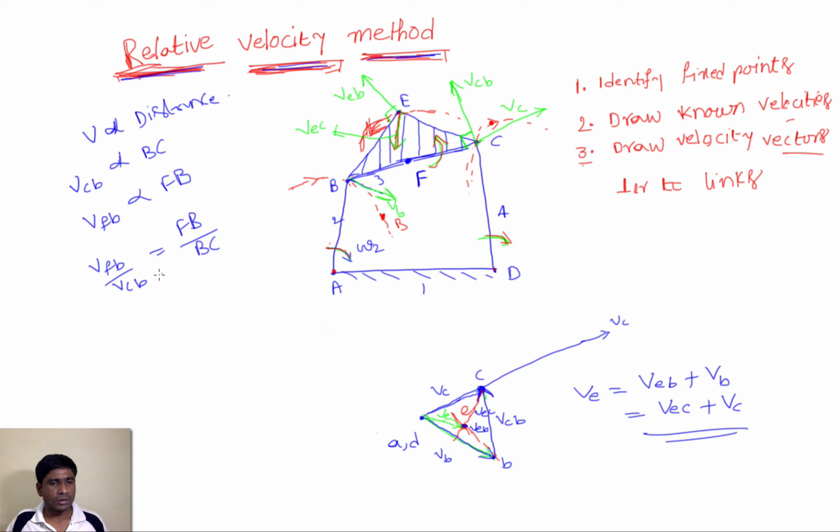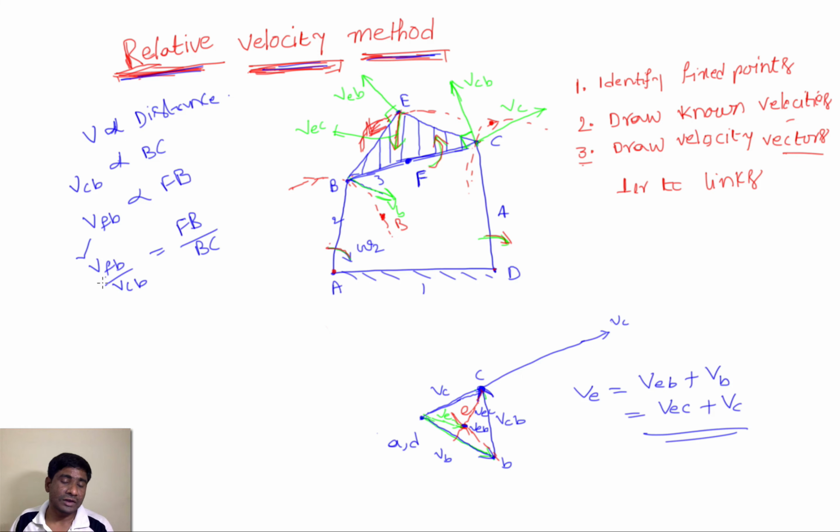So if I do like this, then we can calculate linear velocity of the point F with respect to B. This linear velocity of the point F with respect to B should lie on the line joining B and C, because this F is on the line joining B and C.